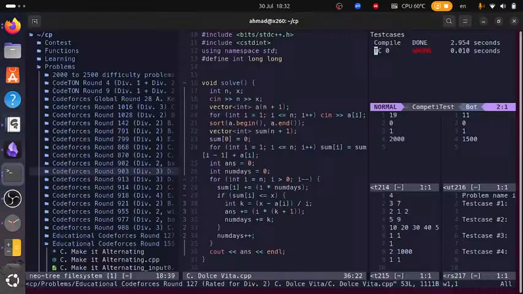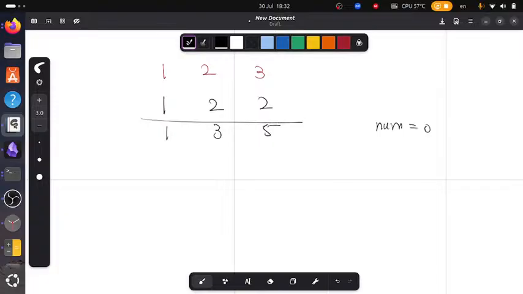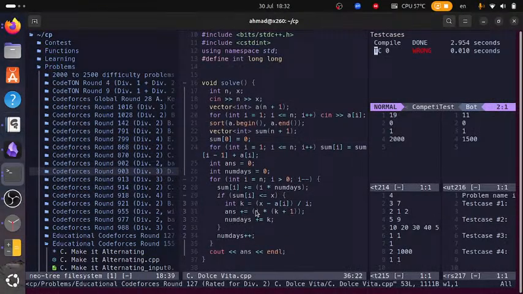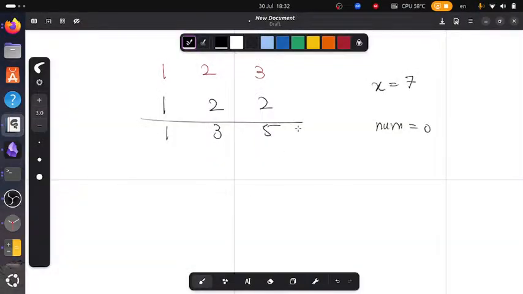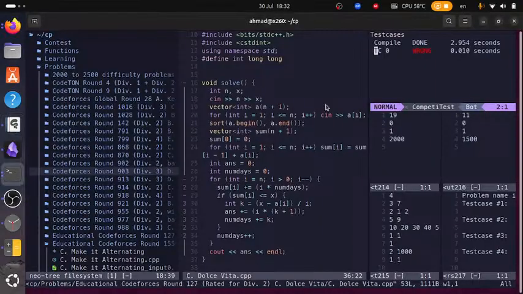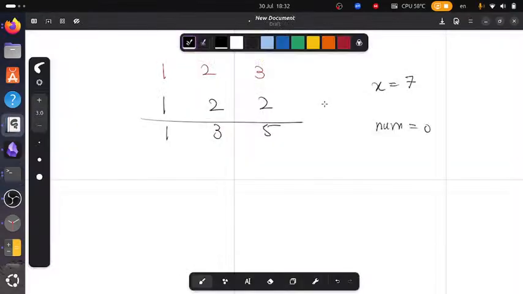Once we come here, we say is sum smaller than the value of x, which it is, right? So that's equal to 7. Now we check the value of k, which is 7 minus 5. 7 minus 5 is 2. 2 divided by 3 is 0.